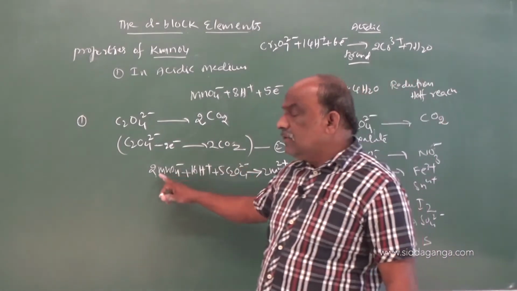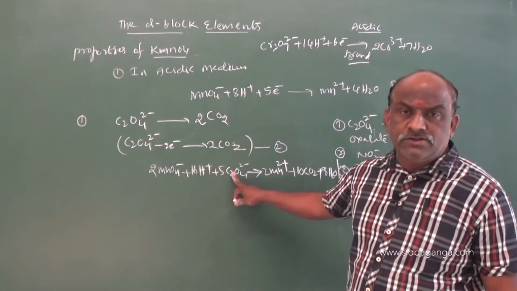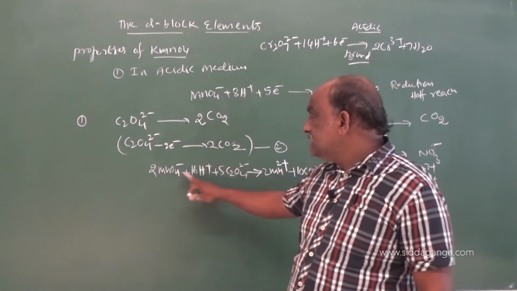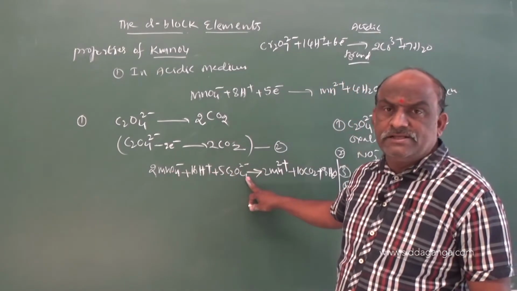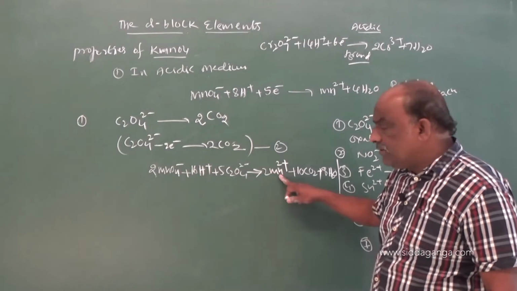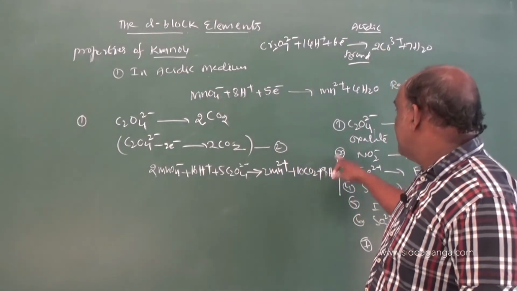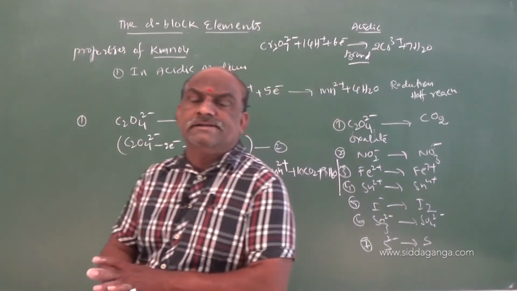So 2 moles MnO4 minus require 5 moles of oxalic acid. The balanced equation is 2 MnO4 minus plus 16H plus plus 5C2O4 2 minus gives rise to 2 Mn2 plus plus 10 CO2 plus 8H2O.